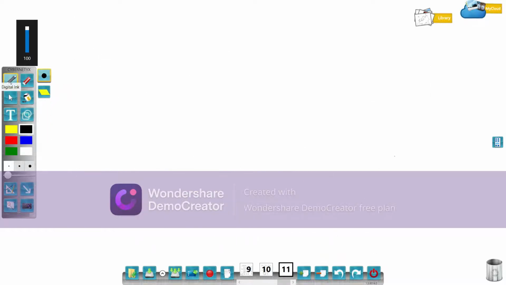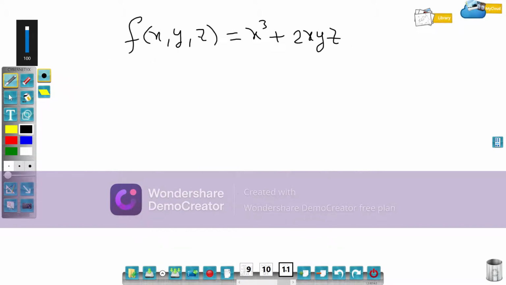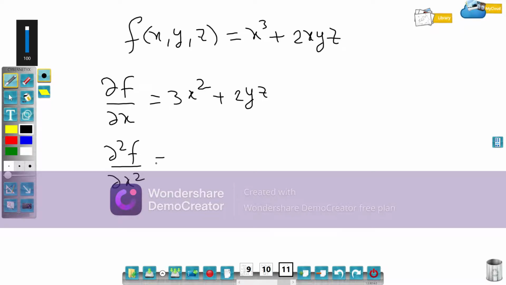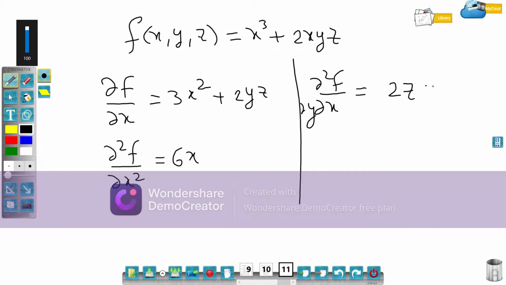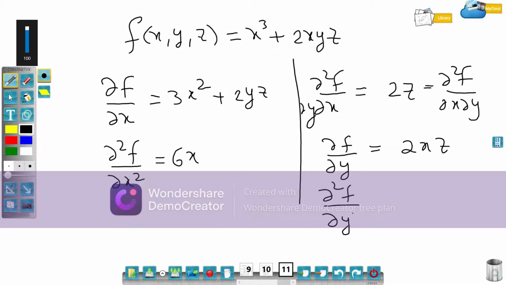So f(x, y, z) is x³ plus 2xyz. ∂f/∂x is 3x² plus 2yz, and ∂²f/∂x² will be 6x. ∂²f/∂x∂y is 2z, which is the same as ∂²f/∂y∂x. Then ∂f/∂y is 2xz, and ∂²f/∂y² is 0.